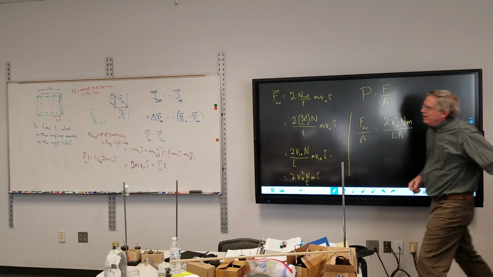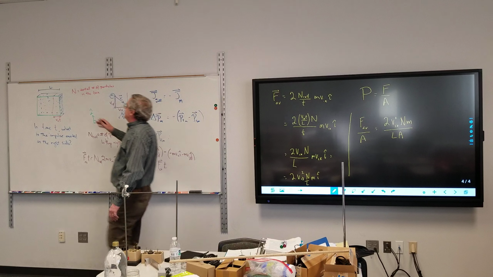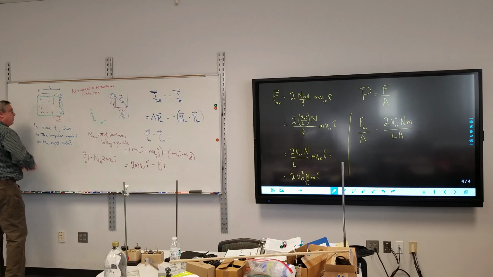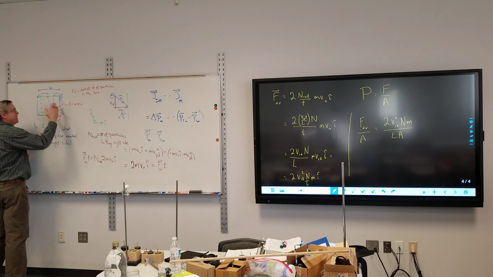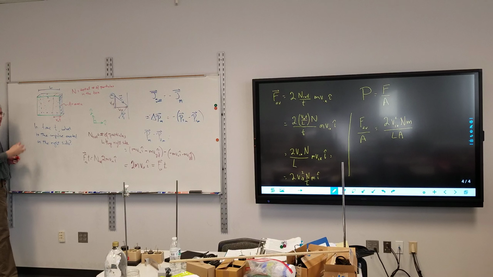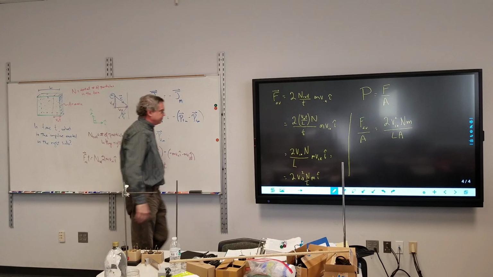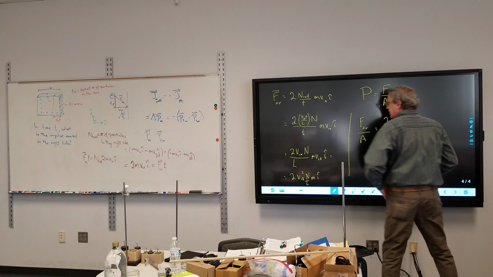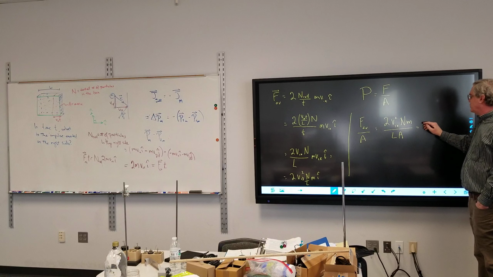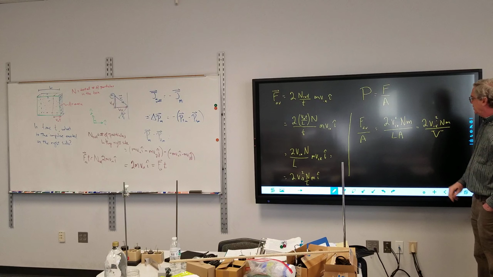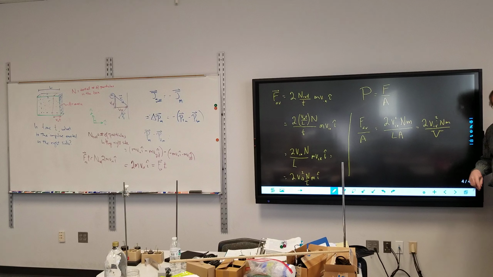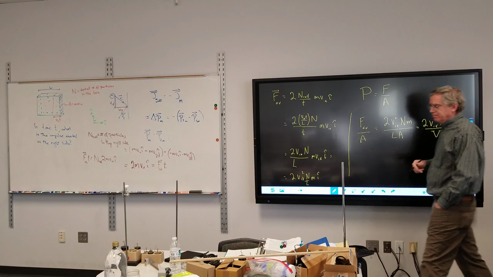Yes. That area there is the area of this right side. So if I take that area times this length right here, I have the volume of my cube, or my box. So this is just 2 m v_ix squared N over volume. And I put the serifs on the V for volume to differentiate it from my v for speed.